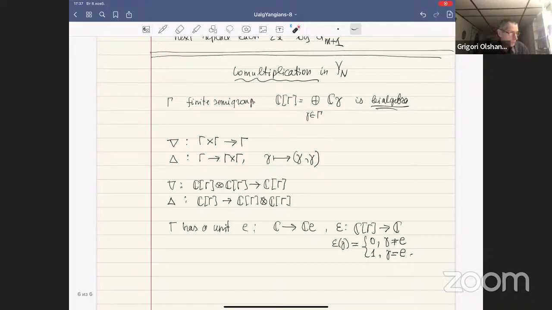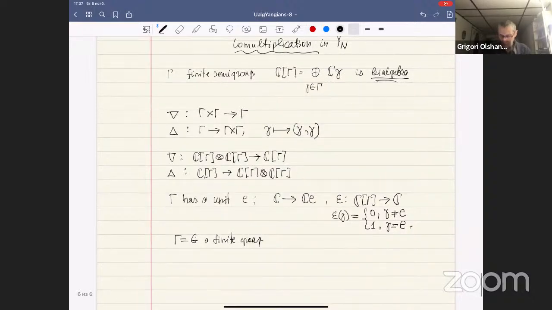And finally, if gamma is not only a semigroup but a finite group, the extra structure is related to the inversion map.